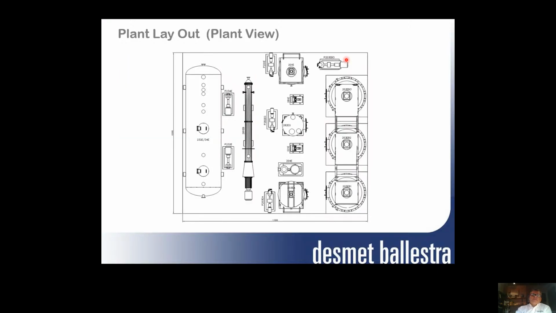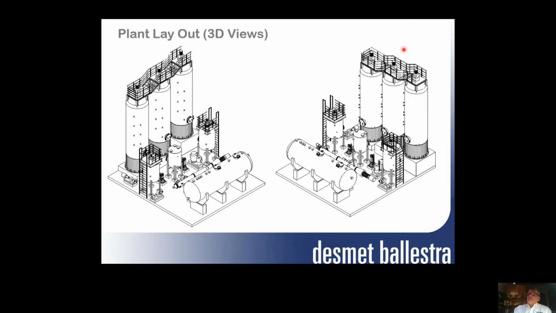This is a plant view, a 3D model of a plant with a capacity of 3,500 tons per day. It's, let's say, an 11 by 11 meters footprint, and this is a 3D view with the reactors.